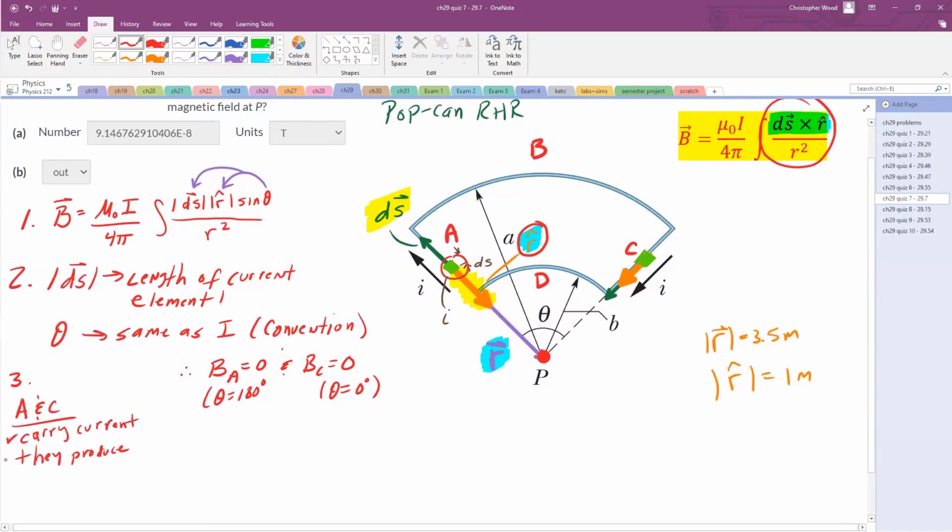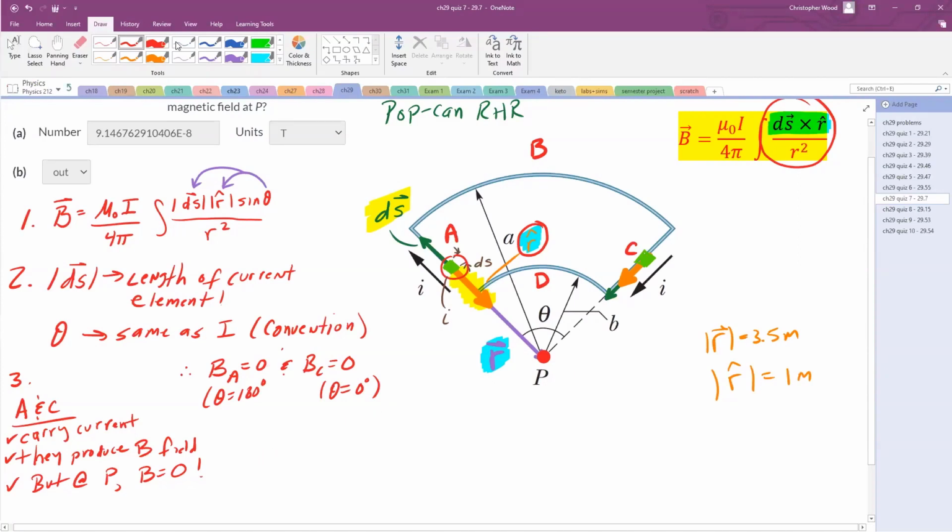So yes, it carries current and it produces a magnetic field. But at point P, B equals 0, just because of the orientation between the circuit element and the point P. Okay, so that's worth mentioning.